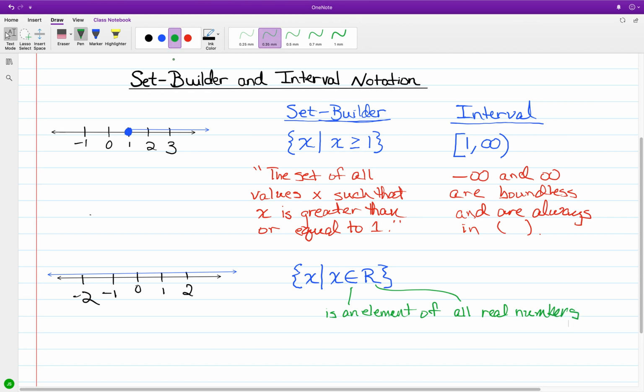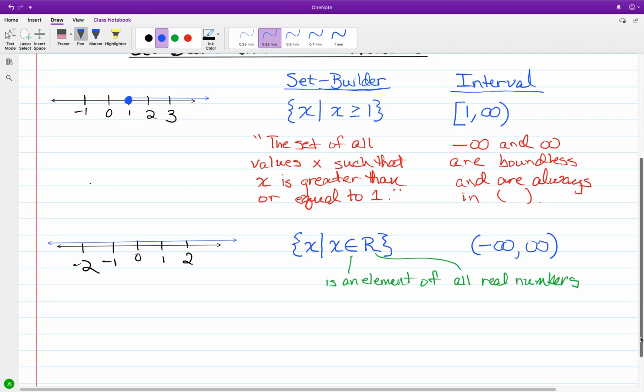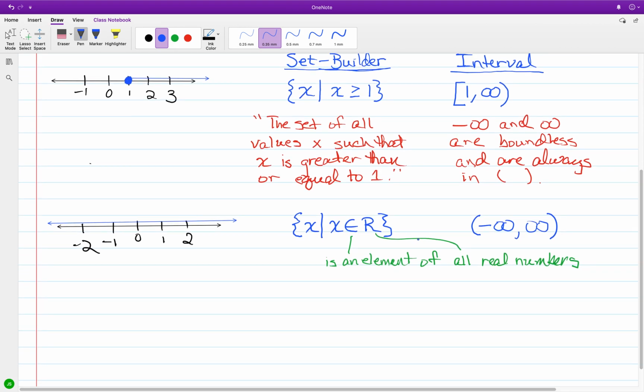And for the interval notation for all real numbers, we have going continuously between negative and positive infinity, and so we'll have those limits contained in parentheses.